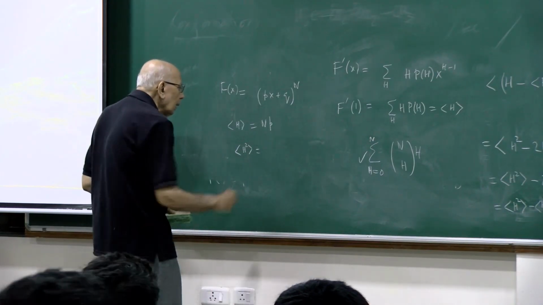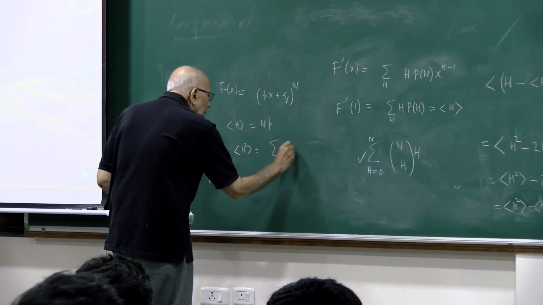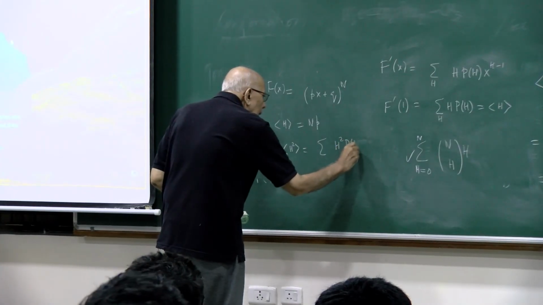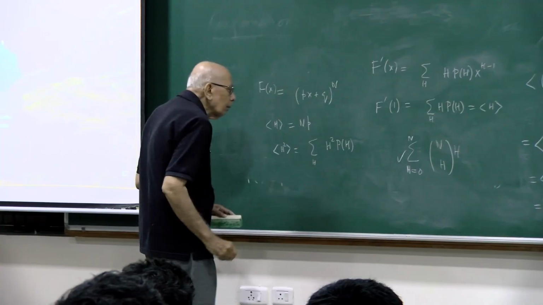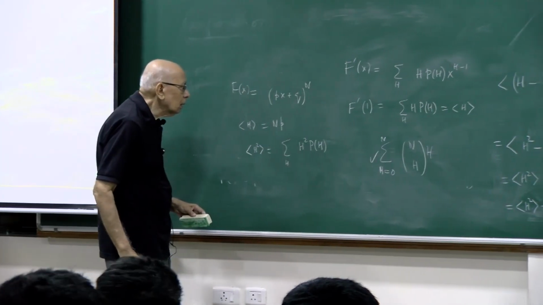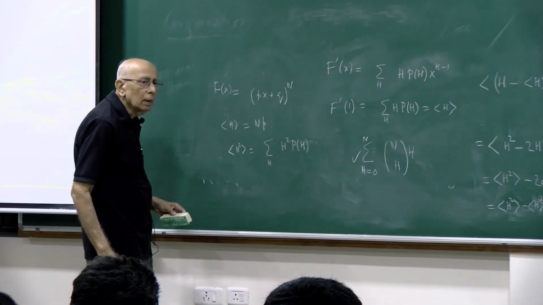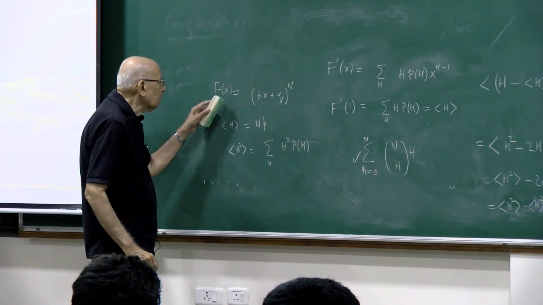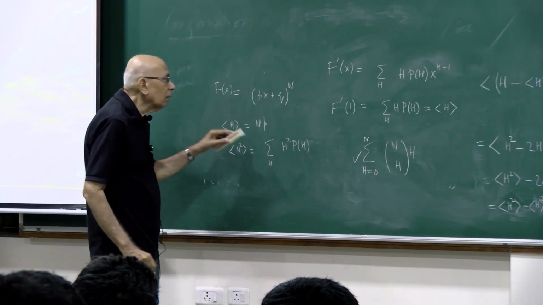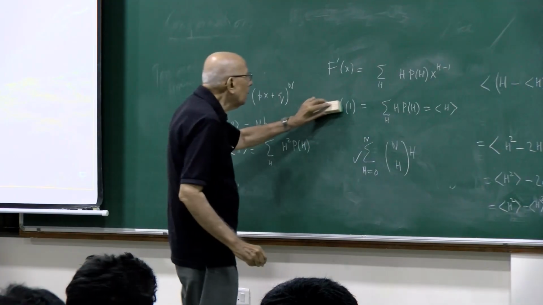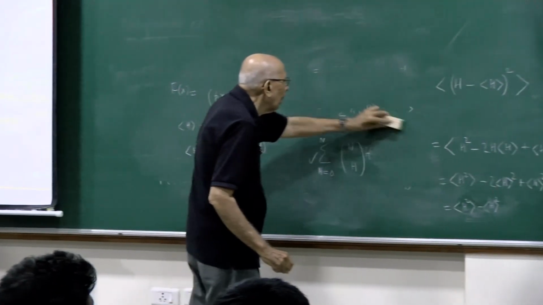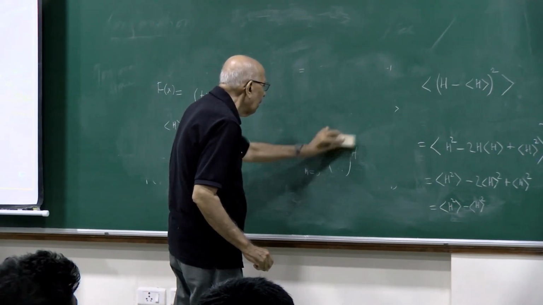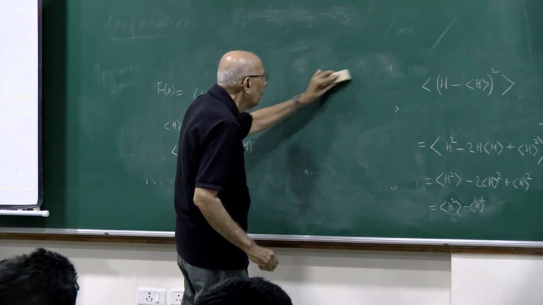How do I find h squared? I need this. How do I find this? What happens if I differentiate this function twice? And into n minus 1 into p squared into (px plus q) whole part.